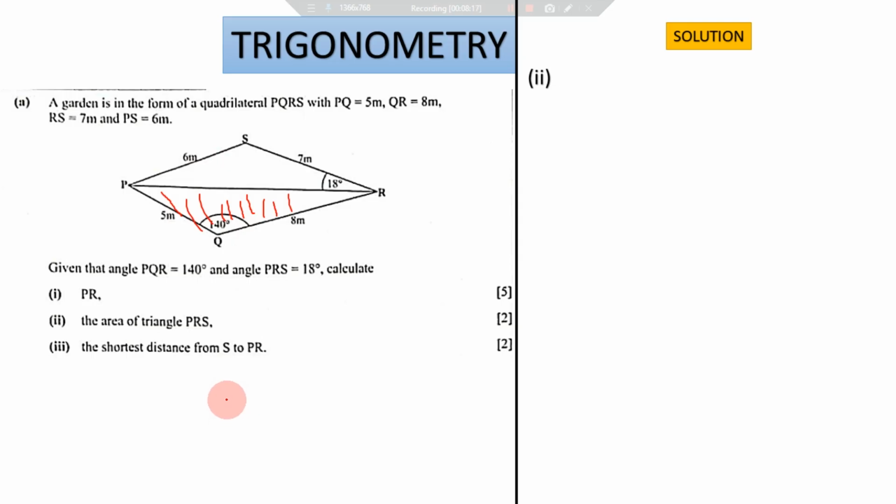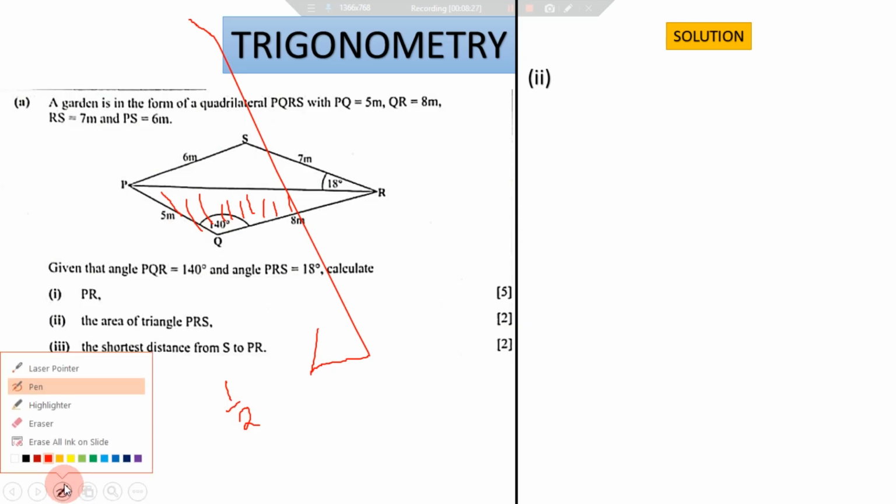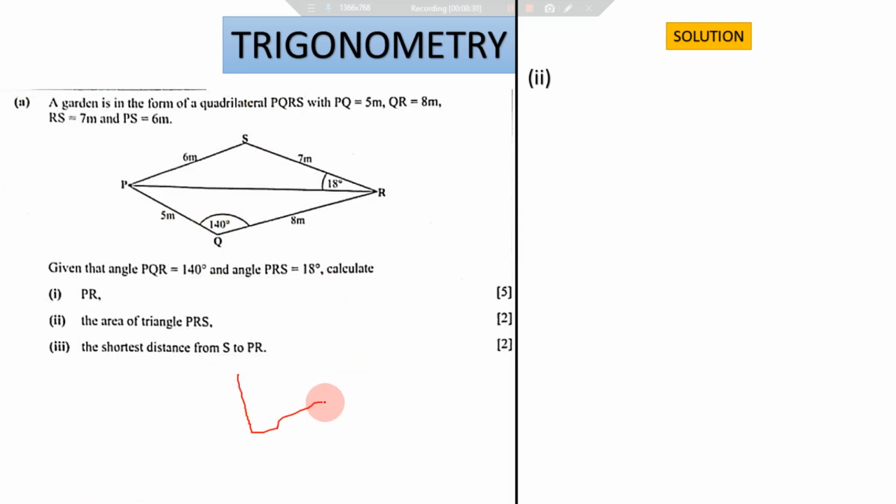So area for a non-right-angled triangle, it's half, then times. Now if this is my triangle here, I have A, I have B, I have C. If I want to find the area here, let's say I've been given angle B. Then I can only use angle B if the adjacent sides have been given.